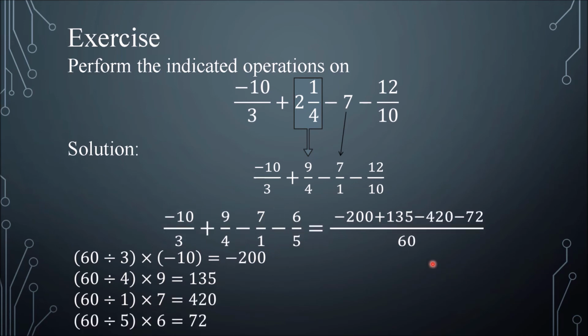We have negative 420, and this is minus, so this must be minus. 60 divided by 5, as you can see here, times 6 is equal to 72. This is minus, so this is also minus. So we operate this, we have negative 557 over 60, and that's the final answer.